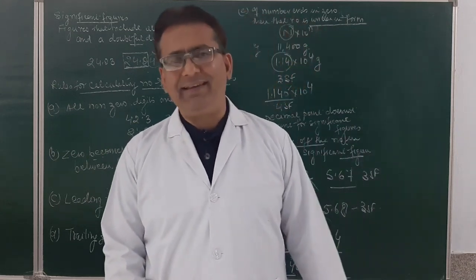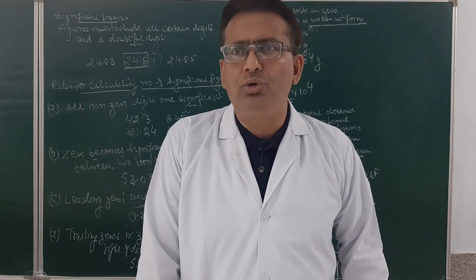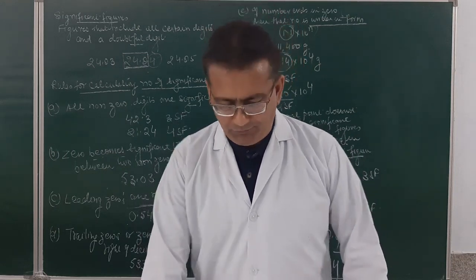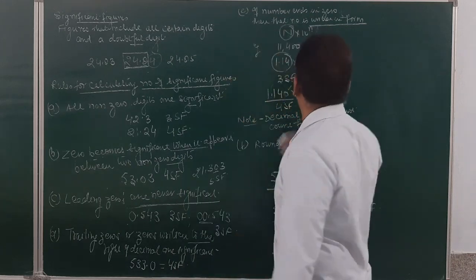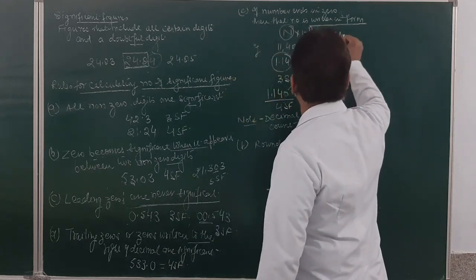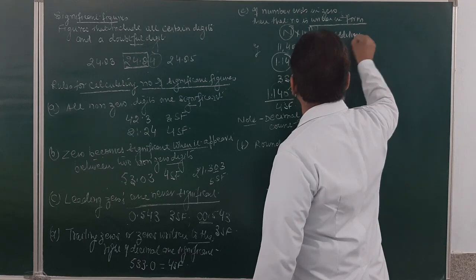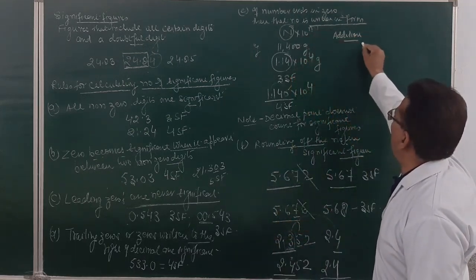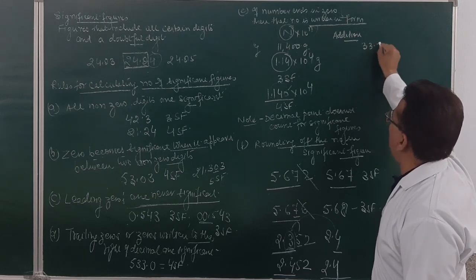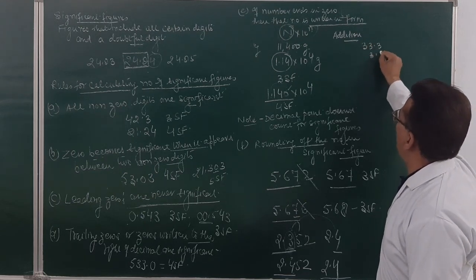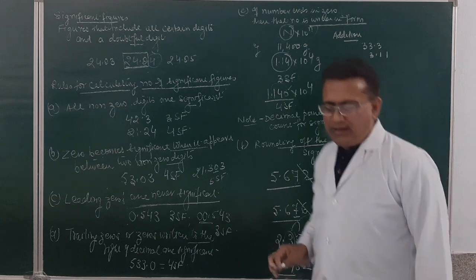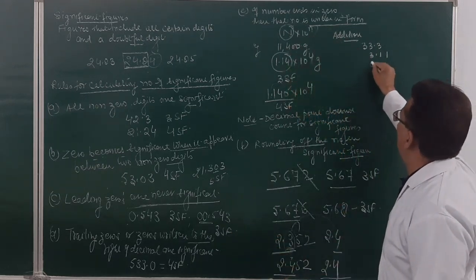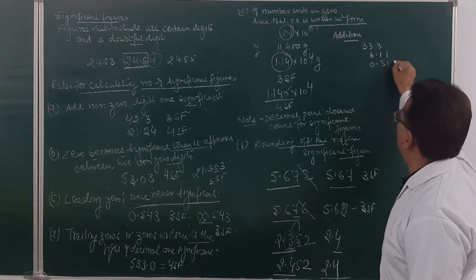Now, after learning these basic rules, we must know how to do addition, subtraction or division in terms of significant figures. So, addition. How do we do addition in terms of significant figures? Just see, student. Suppose I am given the numbers to add: 33.3, then 3.11, and then 0.313.